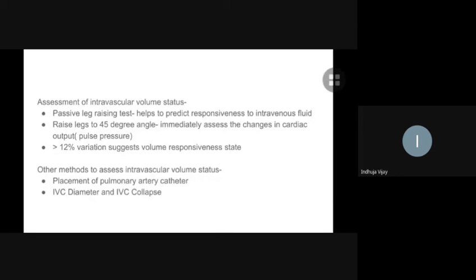We raise the legs to a 45-degree angle and measure the change in cardiac output, which can be measured as a change in pulse pressure. More than 12% variation suggests a volume responsive state. The other methods are placement of a pulmonary artery catheter, and IVC diameter and IVC collapse, which can be identified on USG.